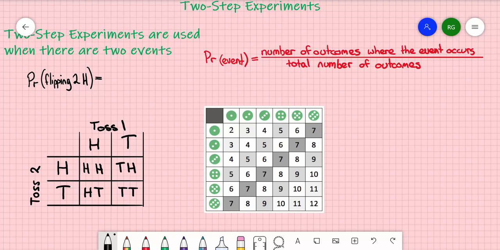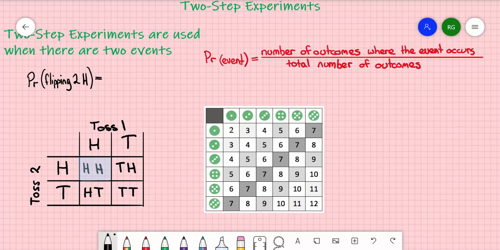Now, because we are looking at flipping just 2 heads, this is the box that we are looking at. It's the only one where there are 2 heads. So, according to our red formula, which I suggest you write down if you don't have it easily accessible from the last lesson, write down the number of outcomes where the event occurs.